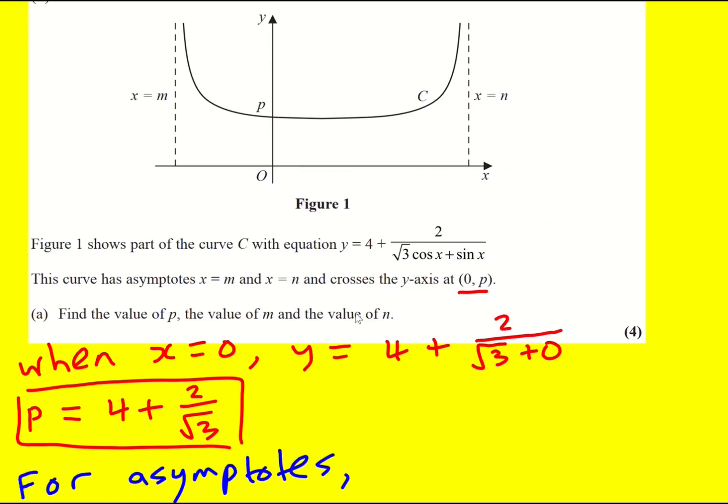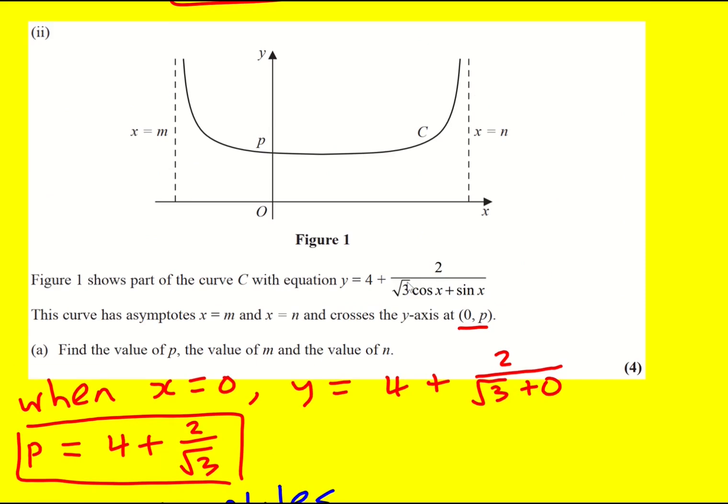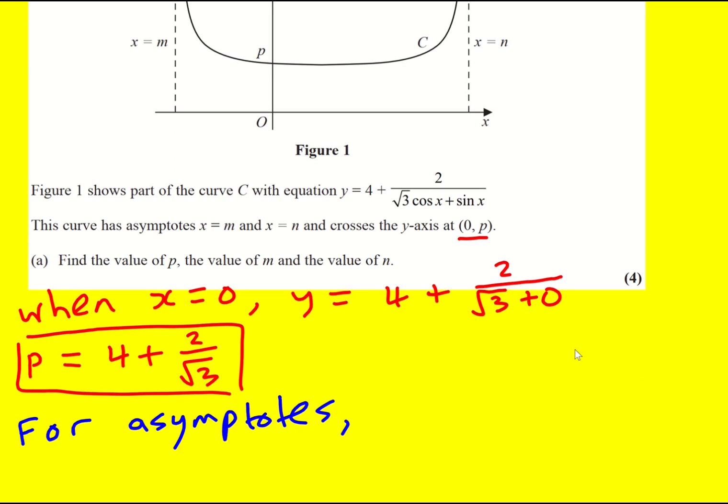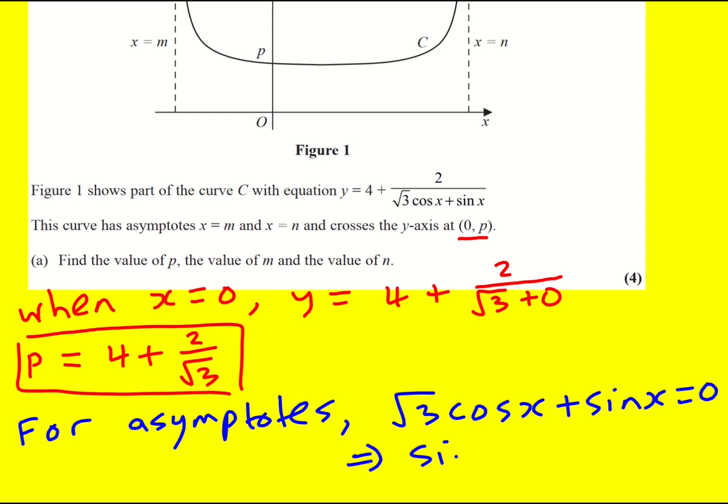And the asymptotes are going to occur when the function cannot exist, and that is when the denominator is equal to 0. So root 3 cos x plus sine x must equal 0, which implies that sine x is equal to minus root 3 cos x.